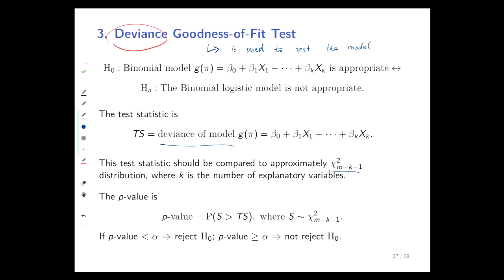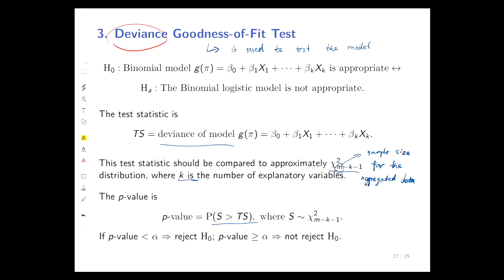If you still remember, m is the sample size, but it's the sample size for the aggregated data. And k is the number of explanatory variables. And then we can compute the p-value. So that's the formula for the p-value.